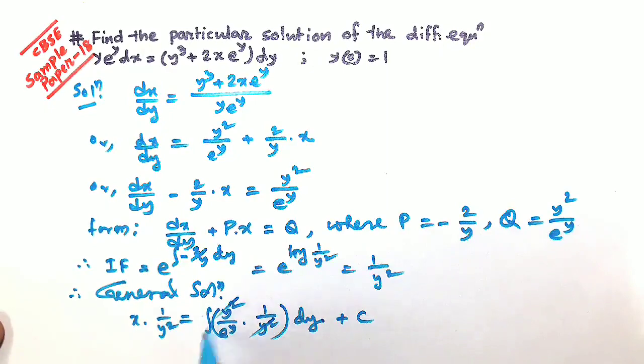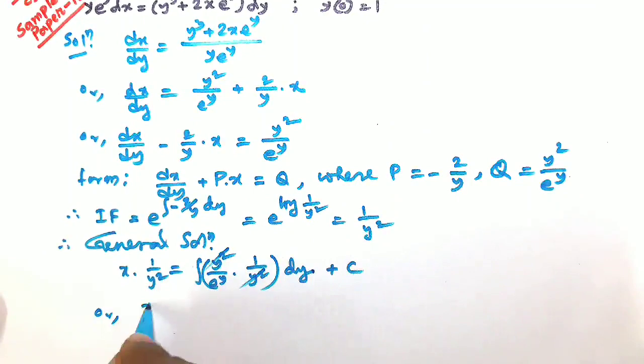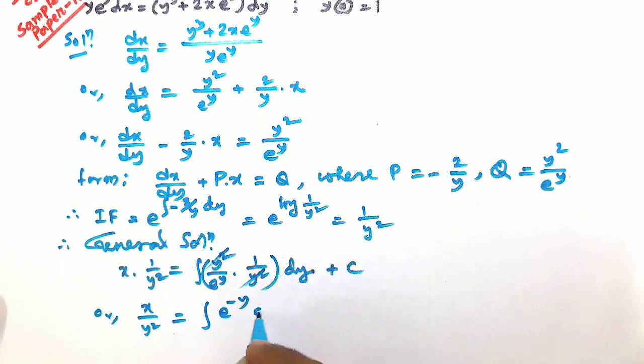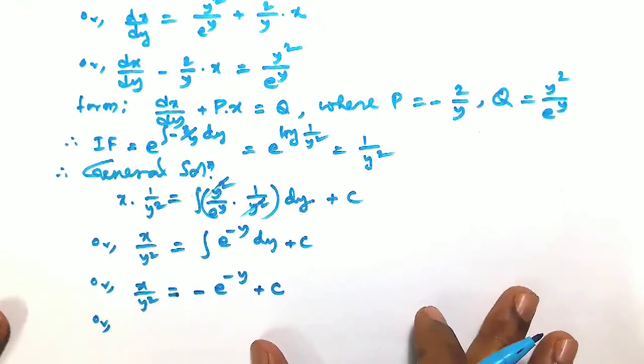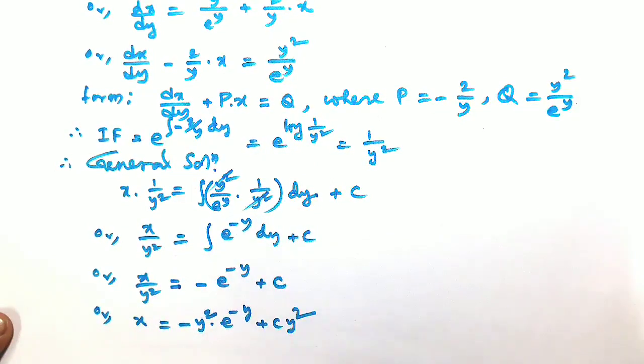So you can cancel y square and we can write x upon y square is equal to integration e to the power minus y dy plus c, or x upon y square is equal to minus e to the power minus y plus c, or x is equal to minus y square into e to the power minus y plus c y square.